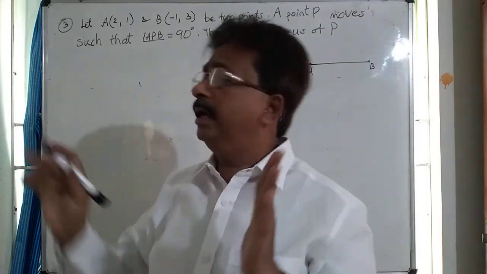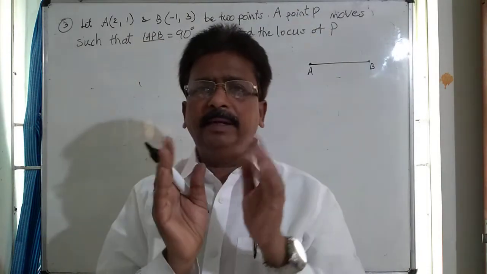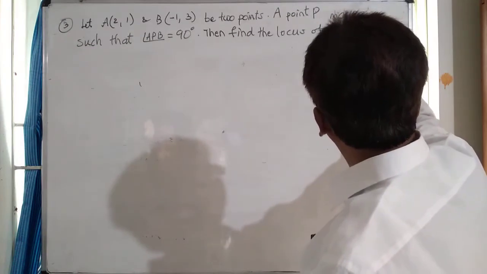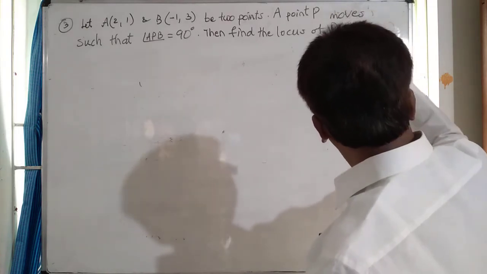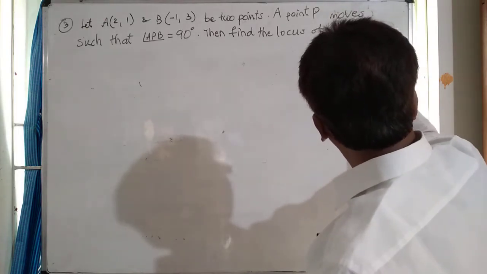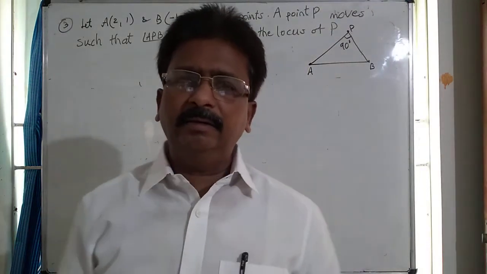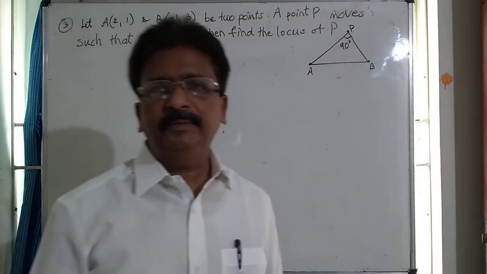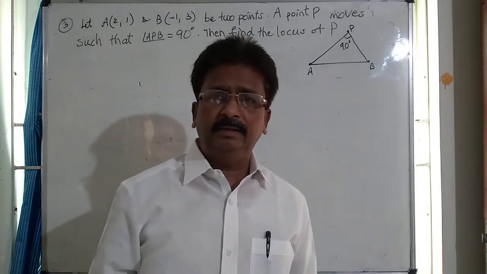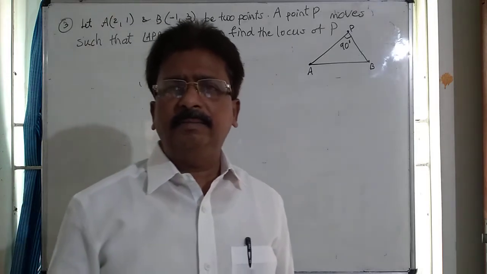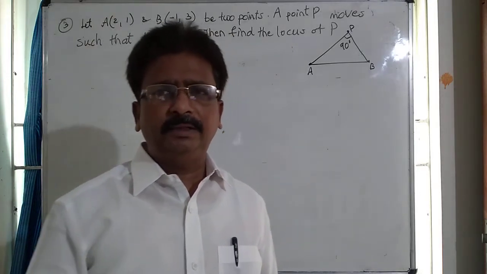So angle APB means the angle between PA and PB. I will identify the point P here. This angle is 90 degrees. So a right angle triangle is formed by P, always with the right angle at P. This is the given condition. By using this condition, we have to find the locus.